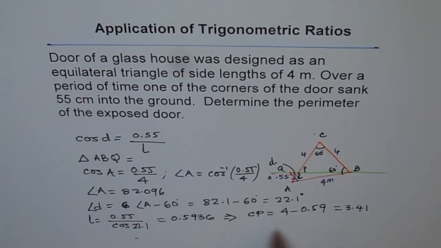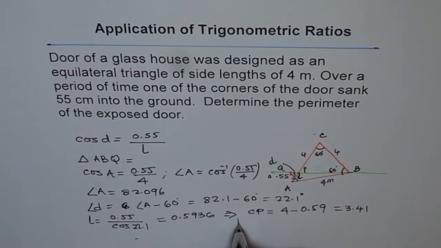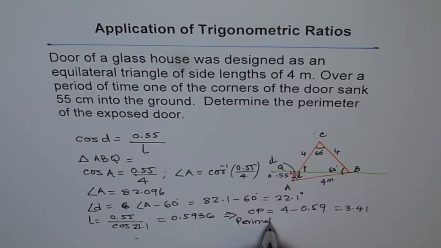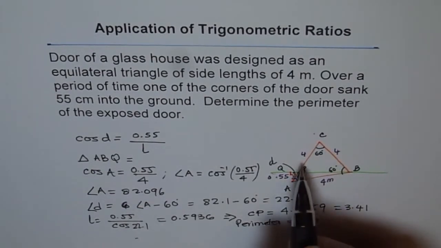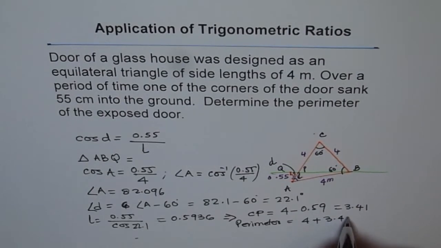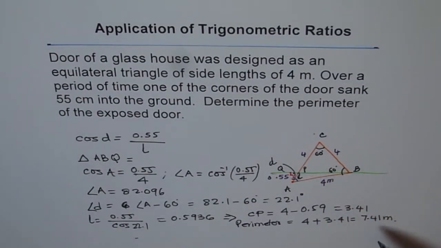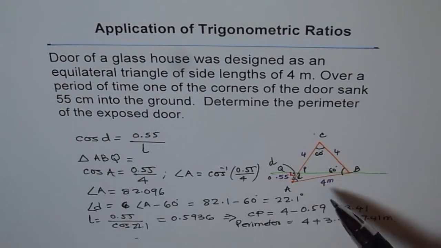And therefore the perimeter of the exposed sides is equal to this side of 4 plus 3.41, which is 7.41 meters. So that is how we can calculate the perimeter of the exposed sides. I hope you understand how we approach this problem.